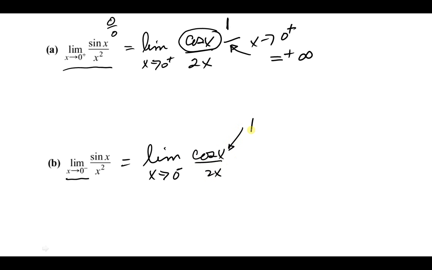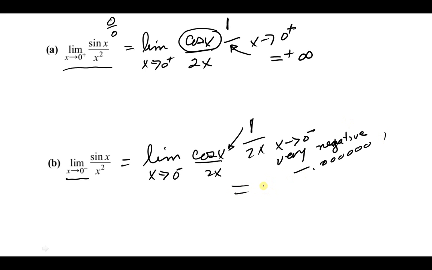This is approaching 1 as x approaches 0, but x is approaching 0 from the left, so the denominator is a very small negative number, like minus 0.00000001. So this is going to approach minus infinity.